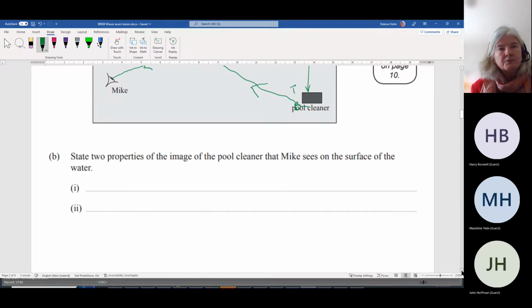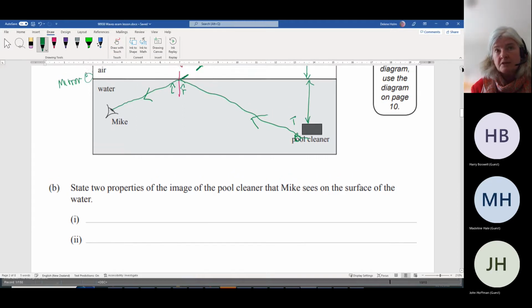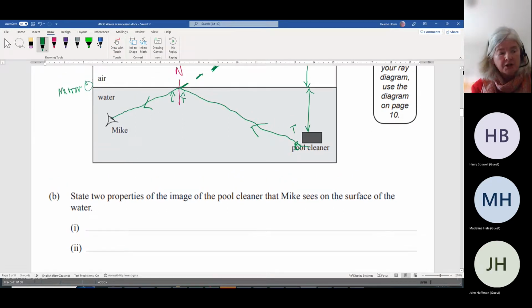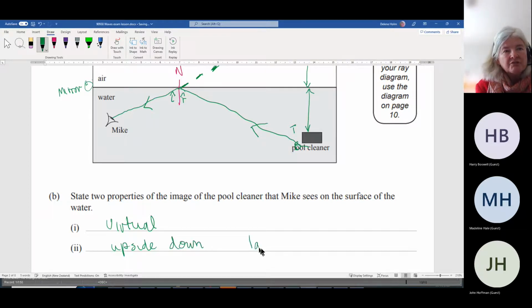Okay, now state two properties. This is what I said, remember, of what the image is going to be: inverted and so on? And hopefully, because it's a reflection, you're going to say straight away that the image is virtual. Any reflection will be a virtual image. And the other one is you can say it's upside down, or you could say laterally inverted, because it is a reflection.